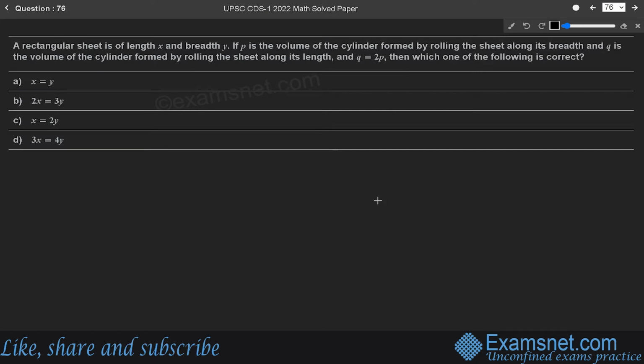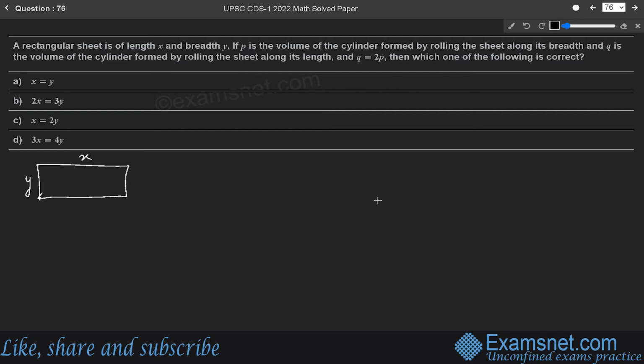Next question: a rectangular sheet is of length x and breadth y. If P is the volume of the cylinder formed by rolling the sheet along its breadth and Q is the volume of the cylinder formed by rolling the sheet along its length and Q is equal to 2P, then which one of the following is correct?